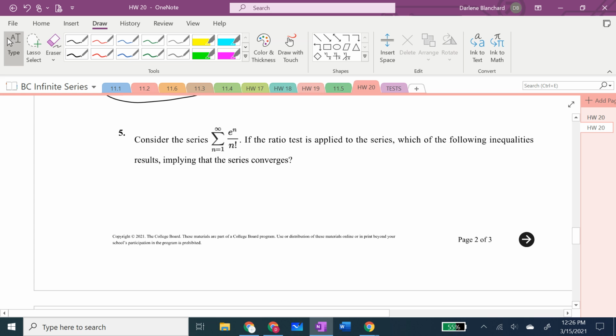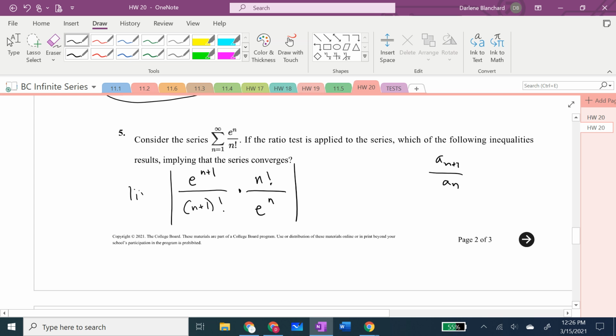So with number 5, we've got ratio test. Woohoo! Who's excited about ratio test? With ratio test, I'm plugging in the n+1. And I'm dividing by the nth term, which is the same thing as multiplying by the reciprocal of the formula. I have to have in front of this limit as n approaches infinity.